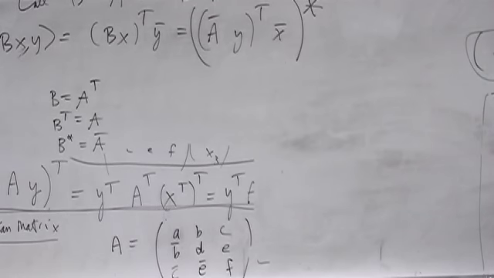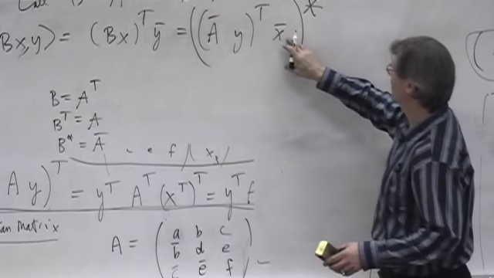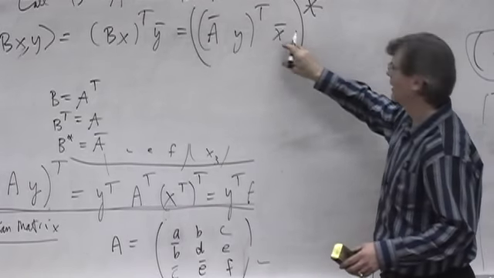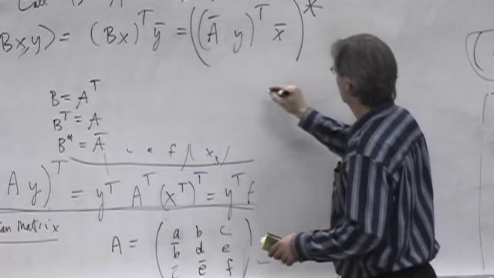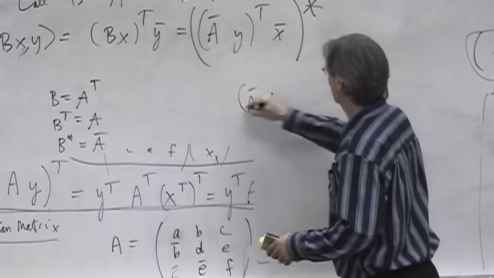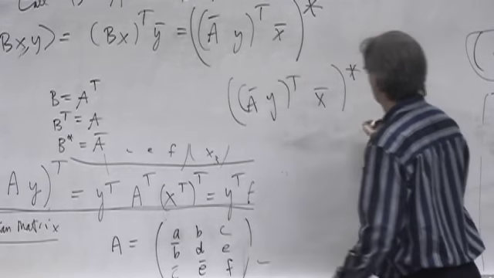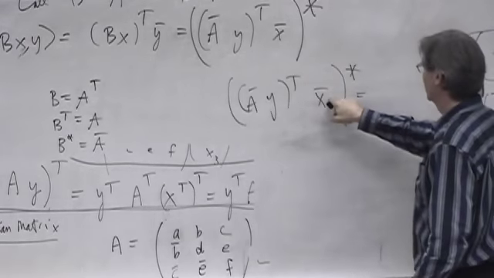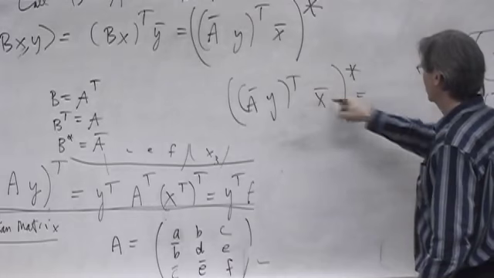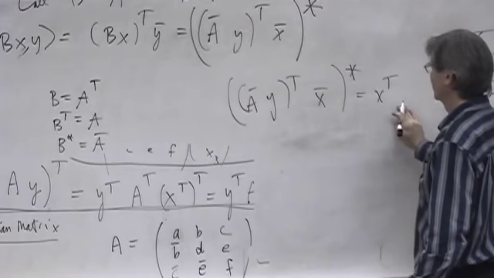So, in other words, I have to start with an X transpose. Check this. So if I take A bar Y transpose X bar and then star it, I get, in reverse order, an X transpose.